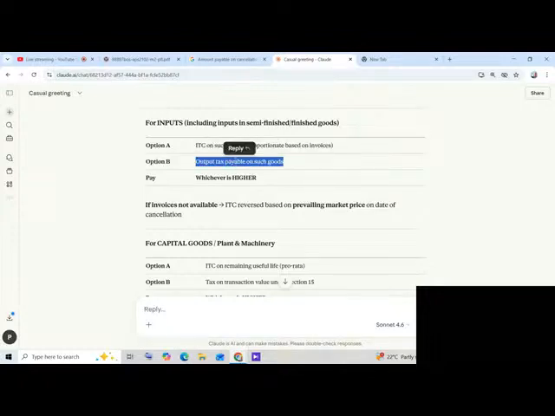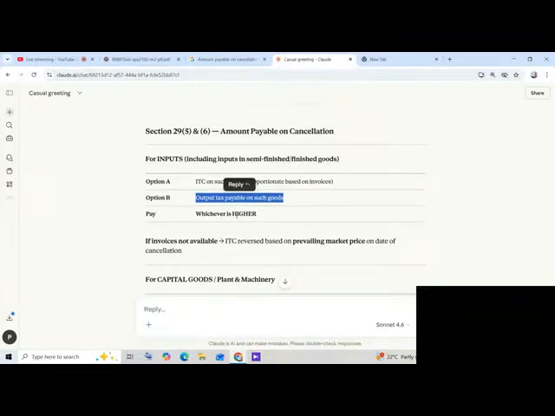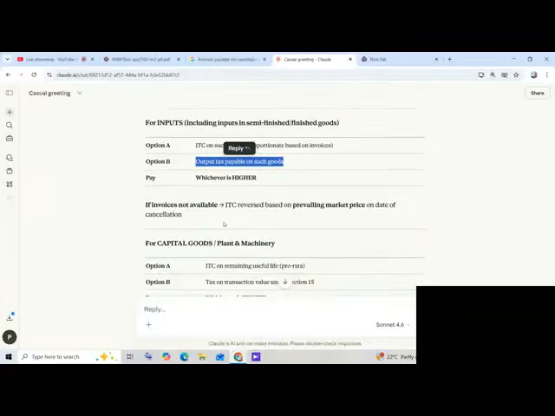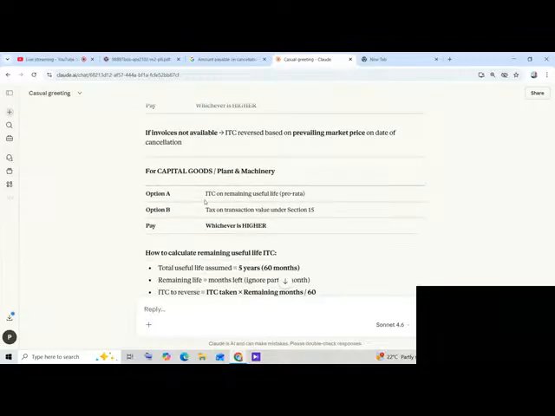Option B, with output tax payable on such goods, whichever is higher. If invoices are not available, ITC is reversed based on the prevailing market price on the date of cancellation. For capital goods or plant and machinery, option A, ITC on remaining useful life pro rata, or tax on transaction value under section 15, whichever is higher.